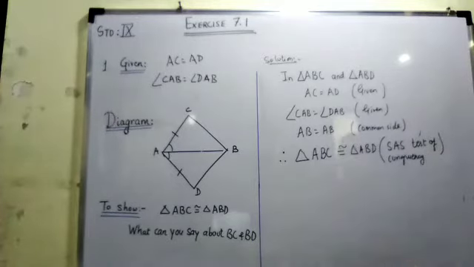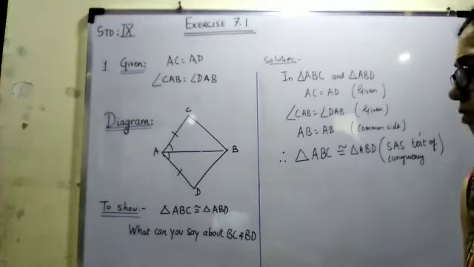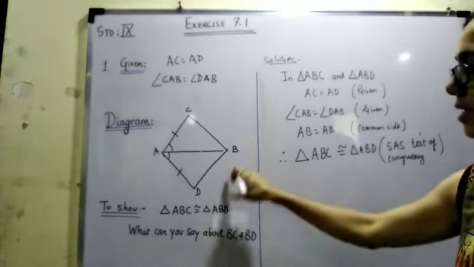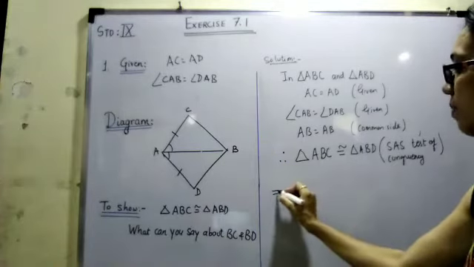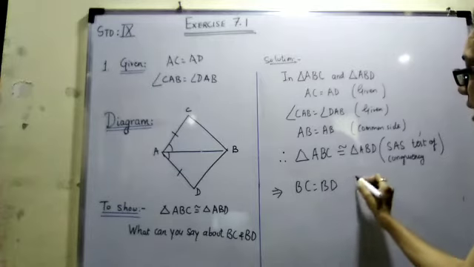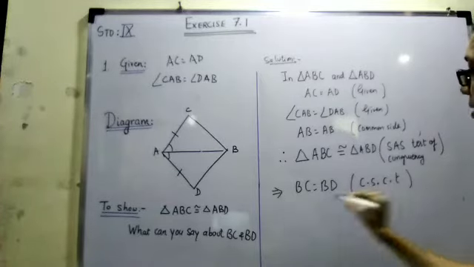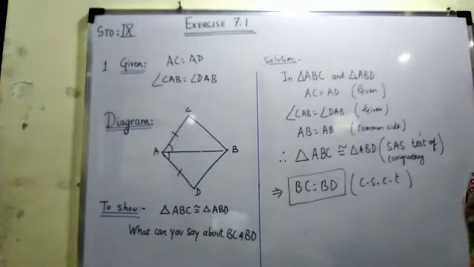So from this, what we can infer? When two triangles are congruent, their corresponding sides are also equal. The remaining corresponding side is BC and BD. So it implies that BC is equal to BD. And the reason is corresponding side of congruent triangle. Hence this problem is done.